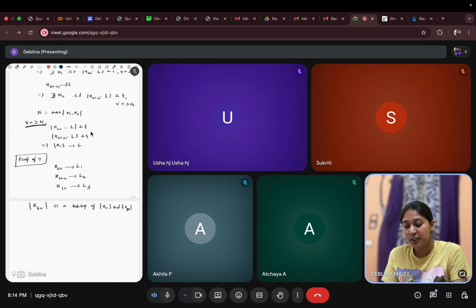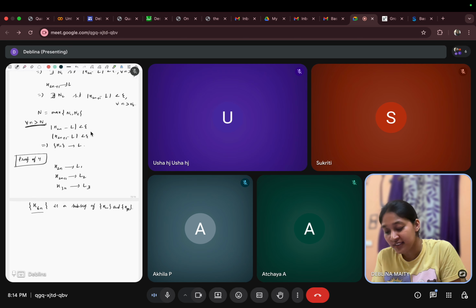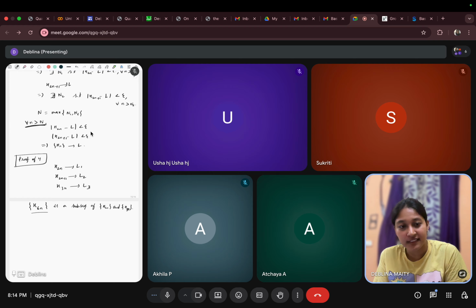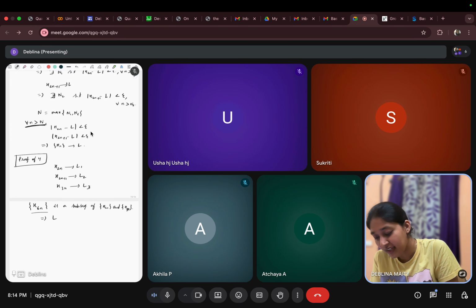And x2n converges to L1. This means every subsequence of x2n will converge to L1, and since it is also a subsequence of x3n, it will also converge to L3. So this implies L1 equals L3.